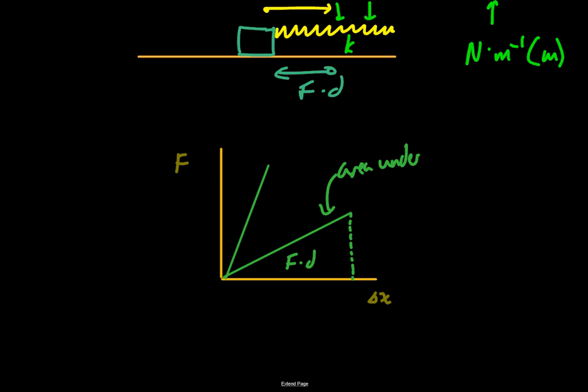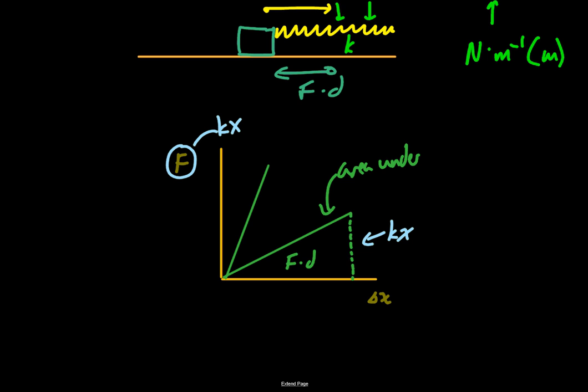So I'm going to do a little bit of changing here. We said before that F was equivalent to K times X, and it's nice to know our work done based on the spring constant. So if F here on the y-axis is equal to Kx, how do I find this area then?